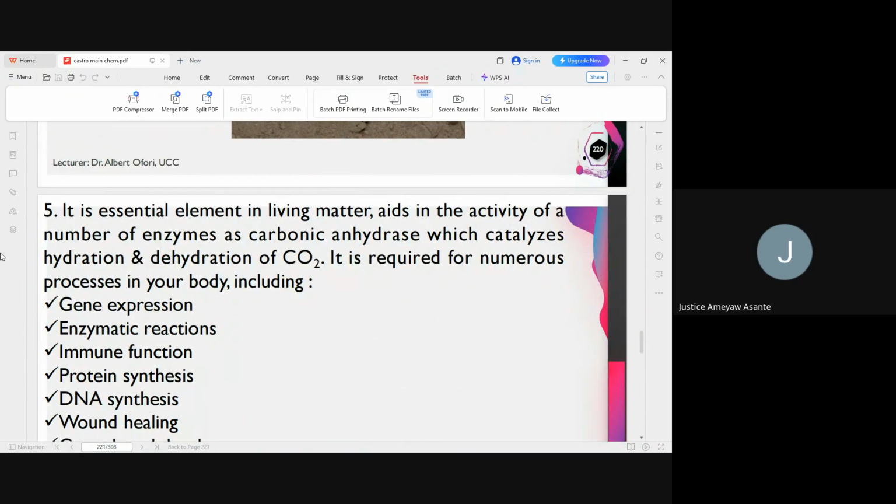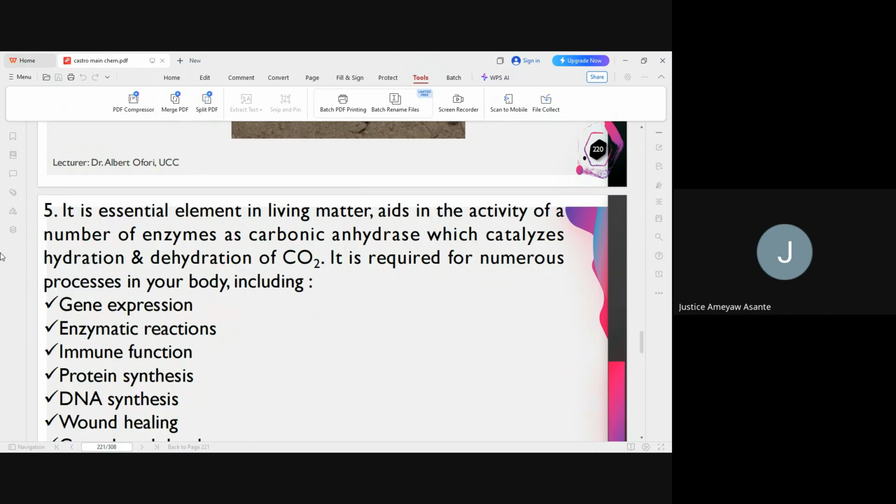It is an essential element in living matter, and aids in the activity of a number of enzymes, such as carbonic anhydrase, which catalyzes the dehydration of carbon dioxide.